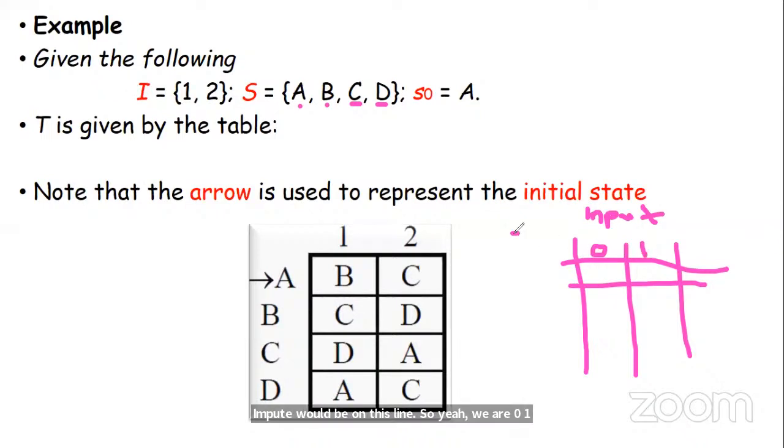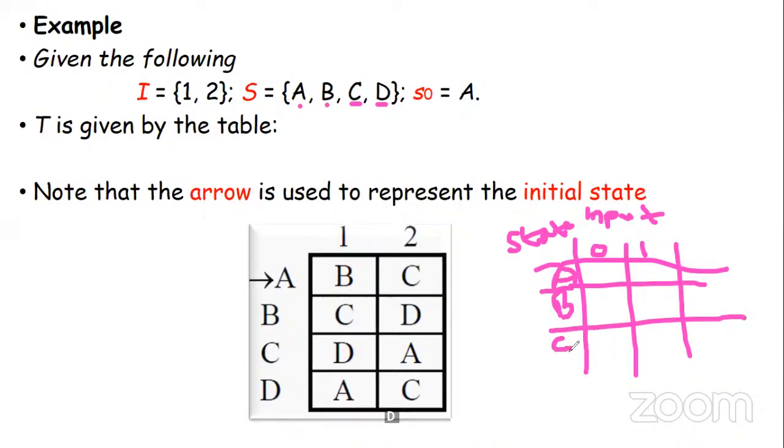Now, this is where the states will be. States. So how many states do you have? You have 4 states. So you put A, the first state, B, the second state, C, the third state, and D, the fourth state.